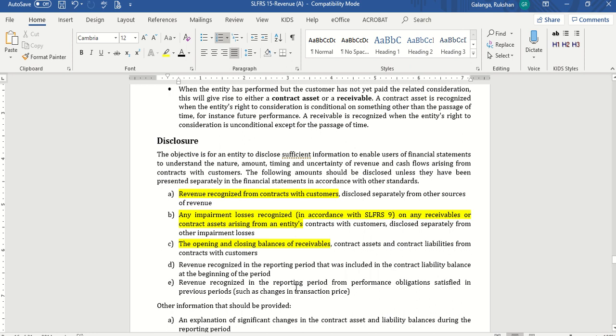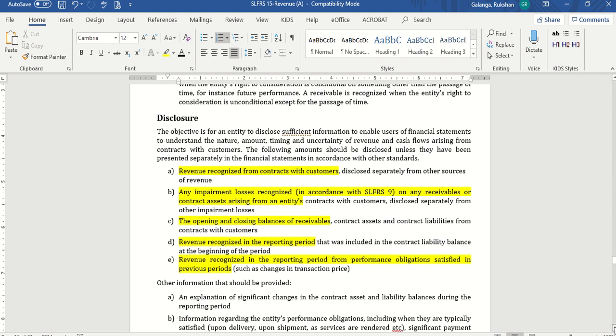So you should show that moment, how we recognize the revenue in the reporting period, what is included as the contract liability, and how it comes to revenue at the end of the period. Revenue recognized in the reporting period from performance obligations satisfied in a previous period, right? In the previous period, whatever the performance obligation satisfied, how we recognized the revenue, you need to disclose in the financial statement.